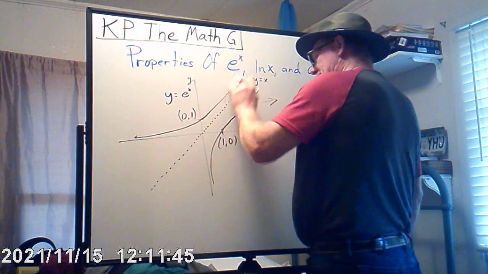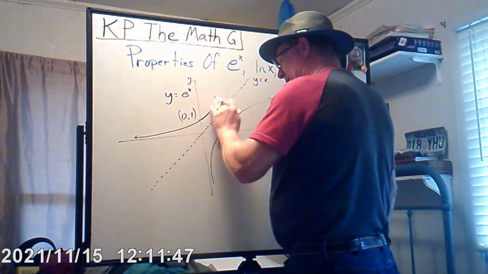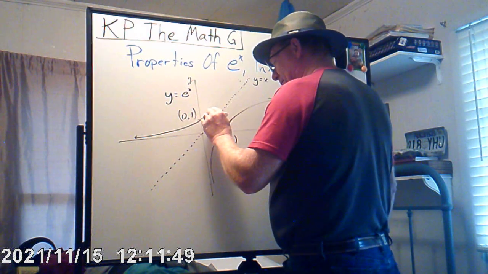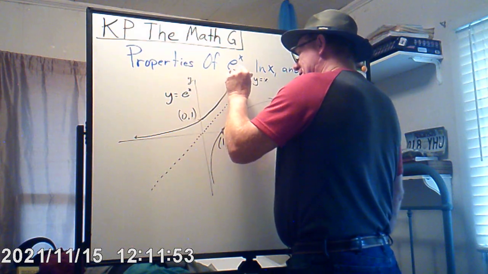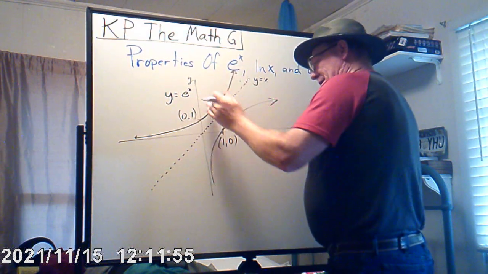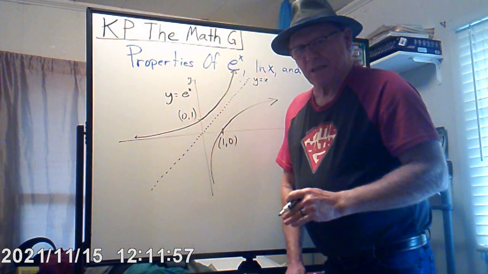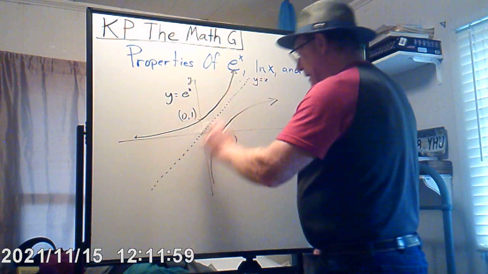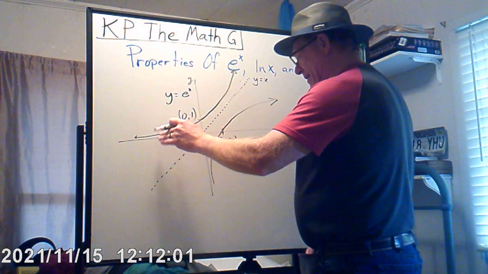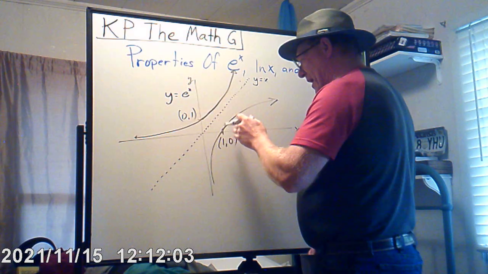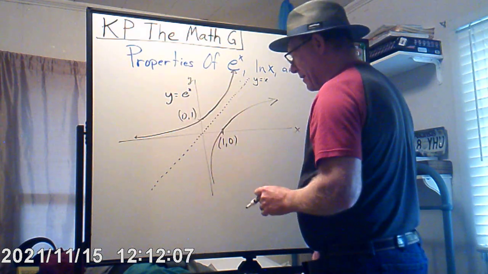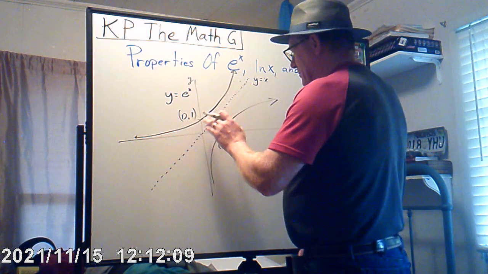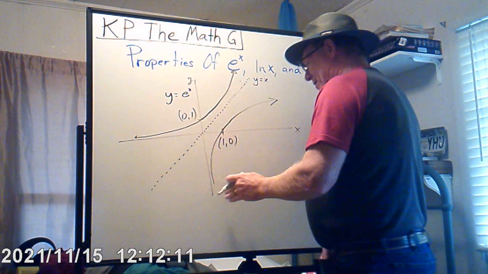This probably shoots on up. Yeah, this does not hug the line that much. It shoots up pretty fast. If you were to fold this along the y equals x line, these are to coincide perfectly, and I know I didn't draw that anywhere close to what it should be, but they do.